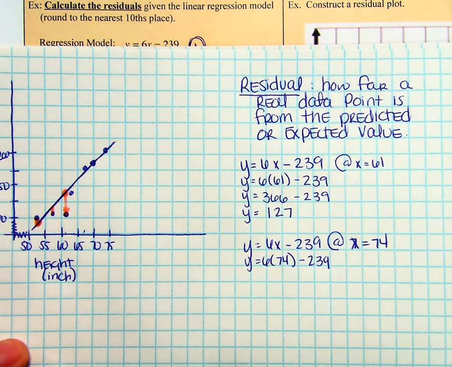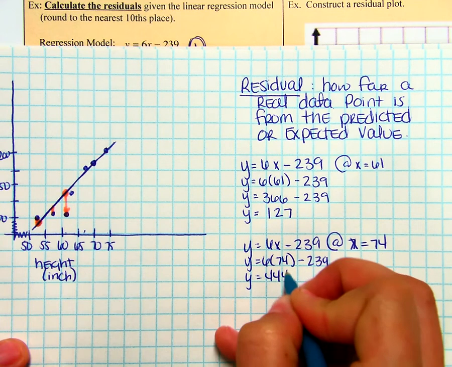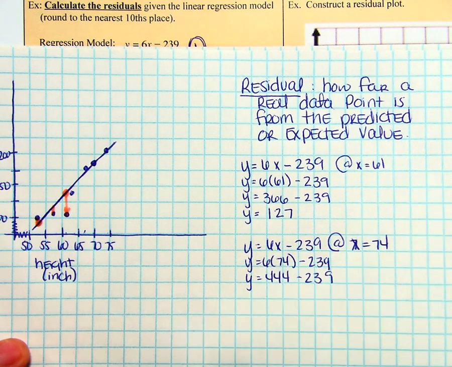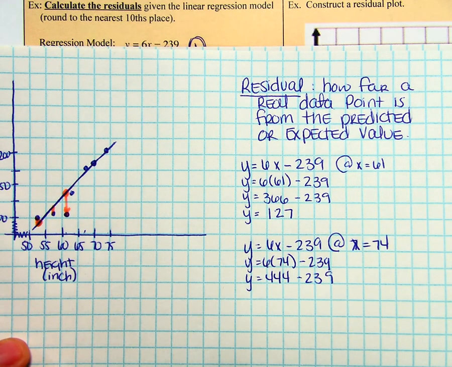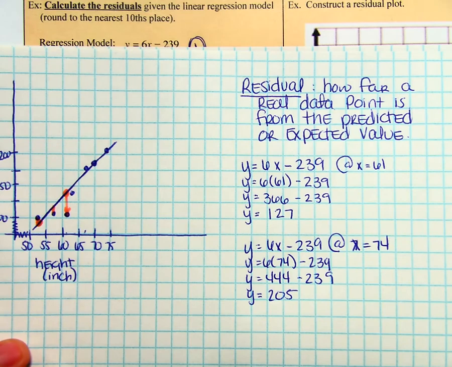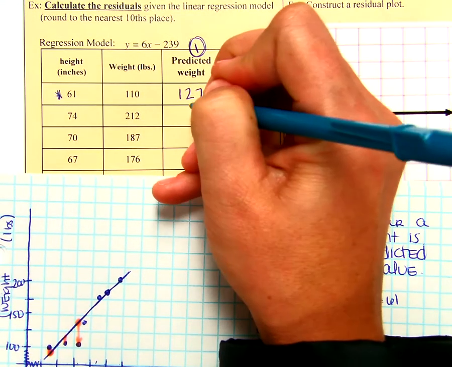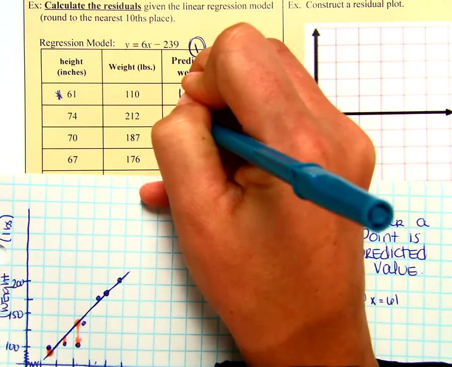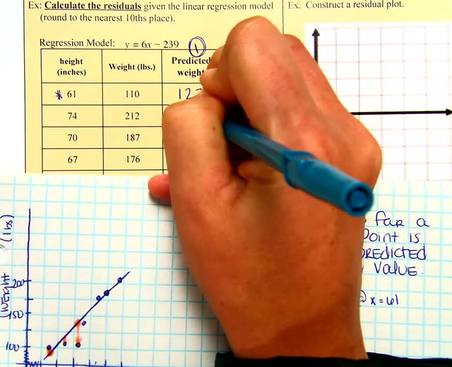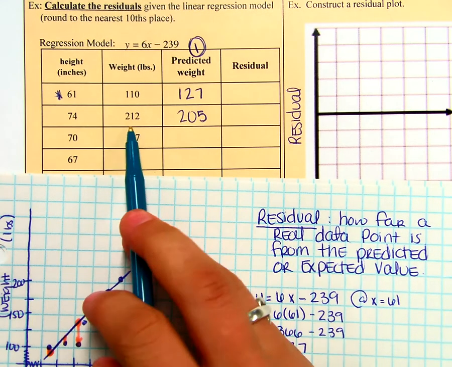In my calculator, I do 6 times 74 to get 444, minus 239, and I get 205. So when someone has a height of 74, I expect them to weigh 205 pounds. In real life, someone weighed 212 pounds.